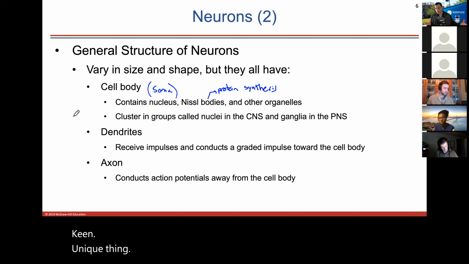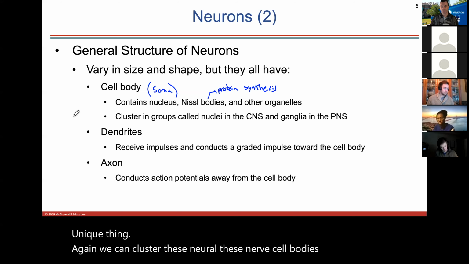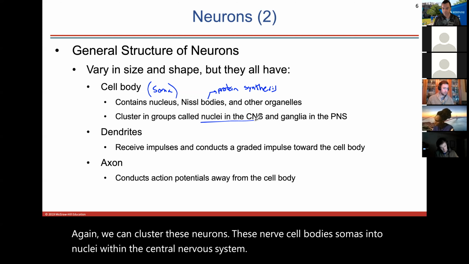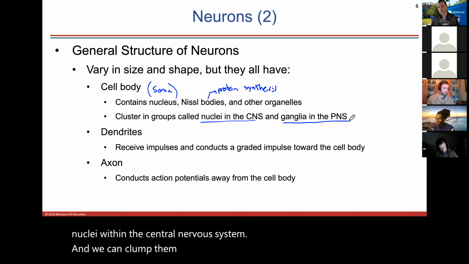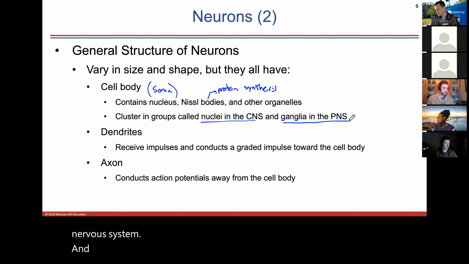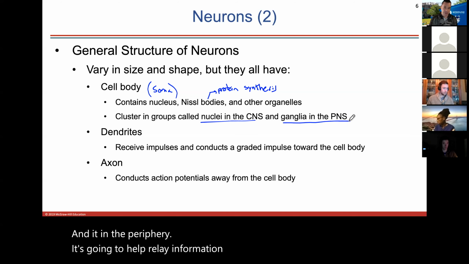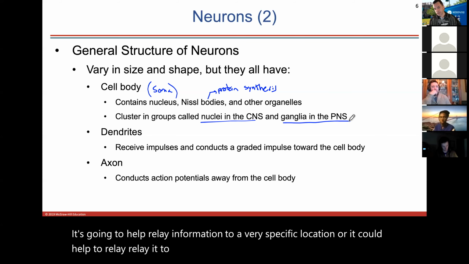Again, we can cluster these nerve cell bodies, these somas, into nuclei within the central nervous system. And we can clump them all together in ganglia within the peripheral nervous system. And in the periphery, it's going to help relay information to a very specific location, or it could help to relay it to a multitude of locations.